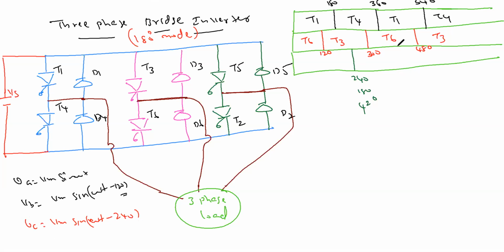So up to this place. Up to 420, who is supposed to conduct? T5. After that, next 180. Next 180 means how much? 600. So up to this one, who is T2. So that's how we'll be conducting.